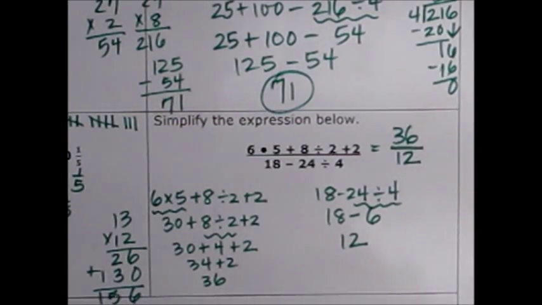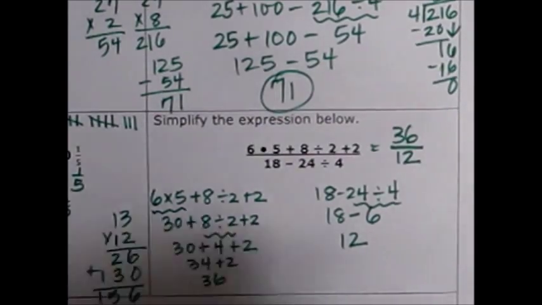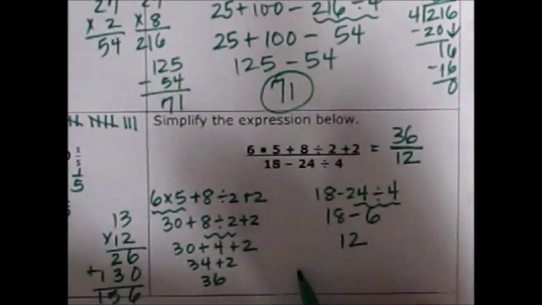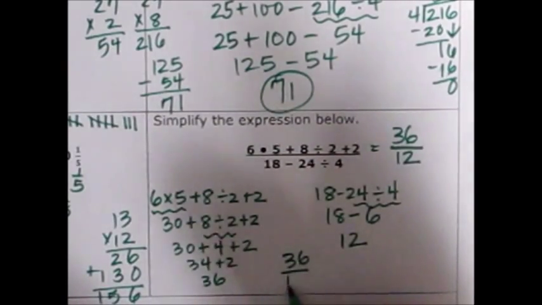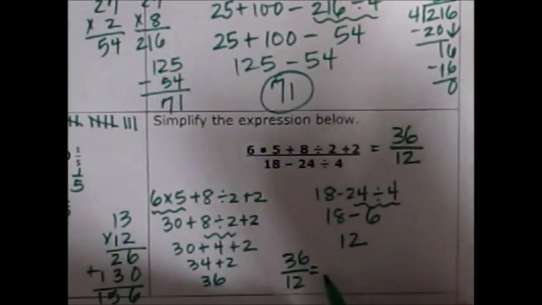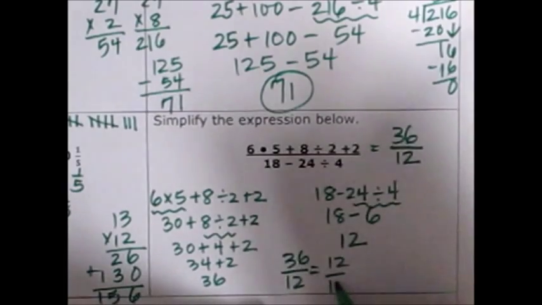36 twelfths. Okay, so there's several ways to solve this answer. You could do your factor tree, so you could pull out your whole. So 12 over 12, 12 over 12, 12 over 12, until you get to your answer. Or you could actually divide it. How many times can 12 go into 36? So just to practice, because we haven't done this in a few weeks, pull out your wholes.